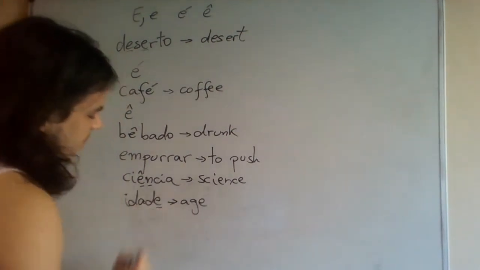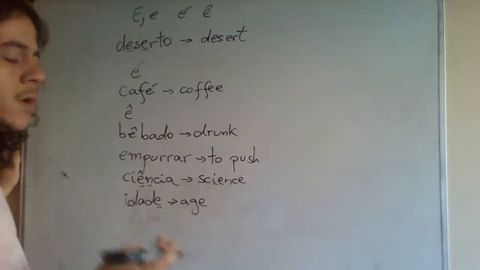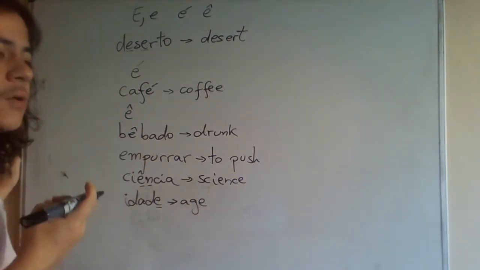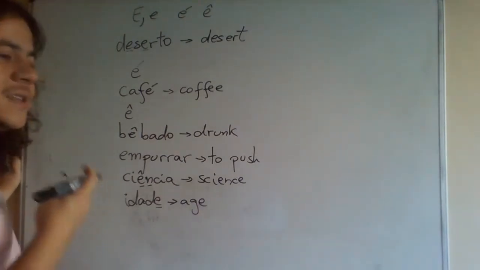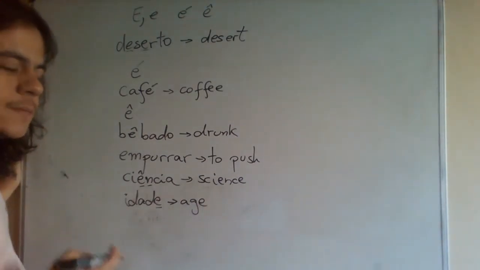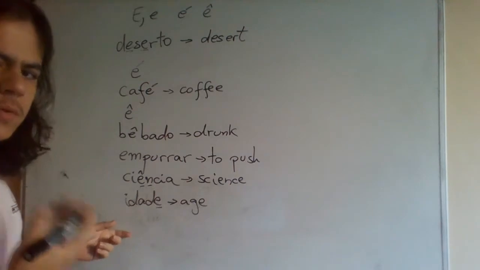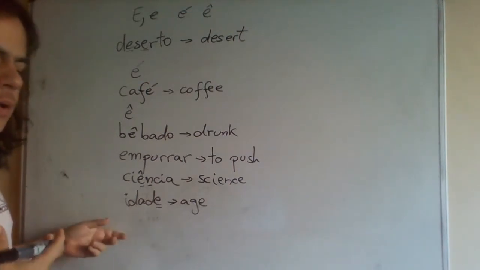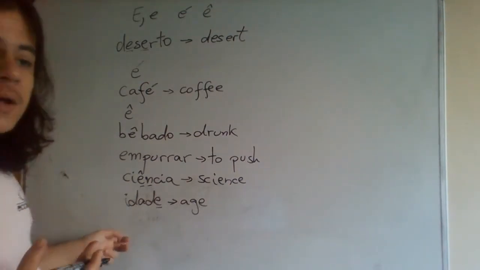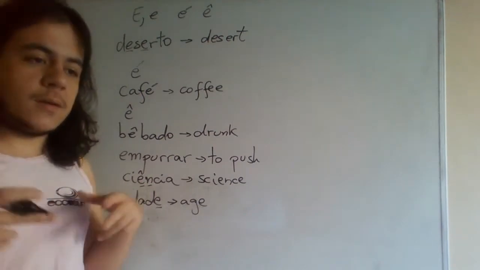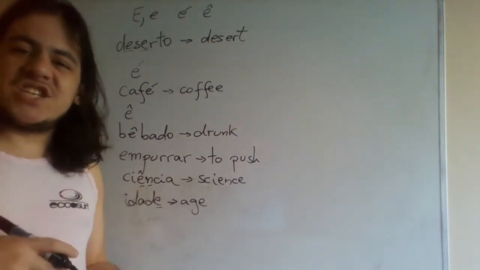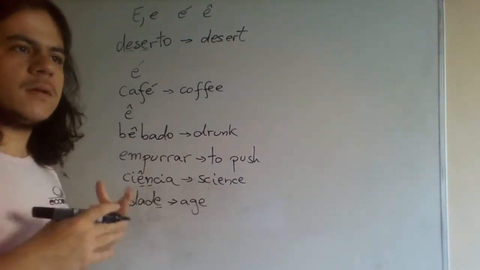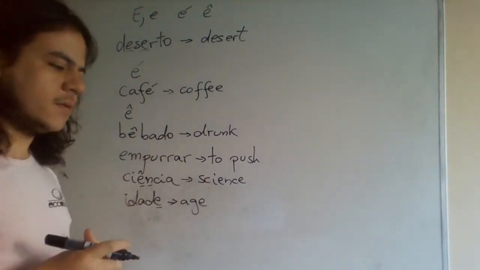When letter E is at the end of a word, it will have the sound of I. So we say idade, I. You can say idade with an E. It's not wrong, but it's not natural. In a more natural way of speaking, we say idade. We put a sound of I at the end.